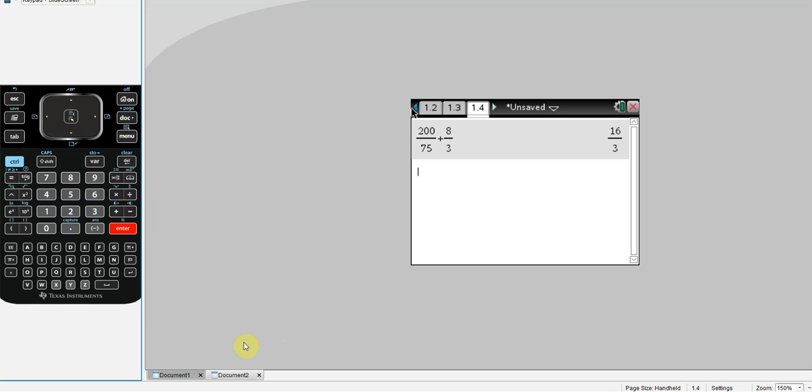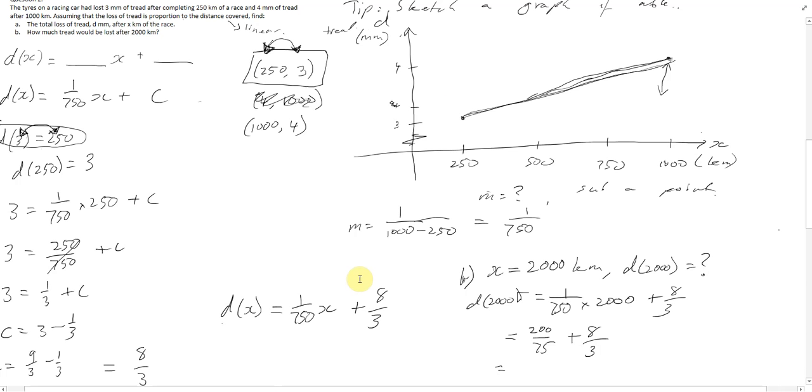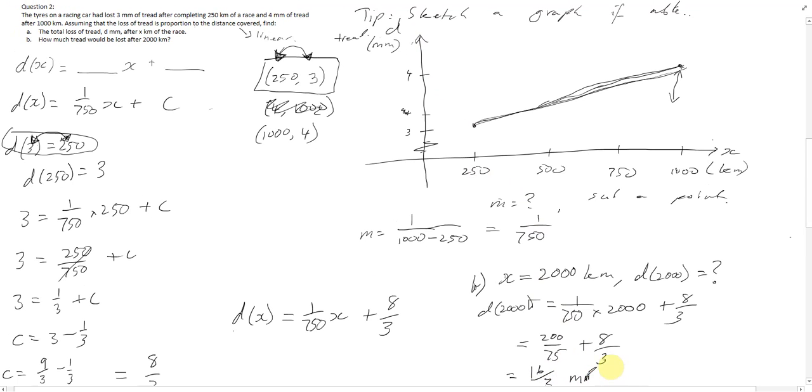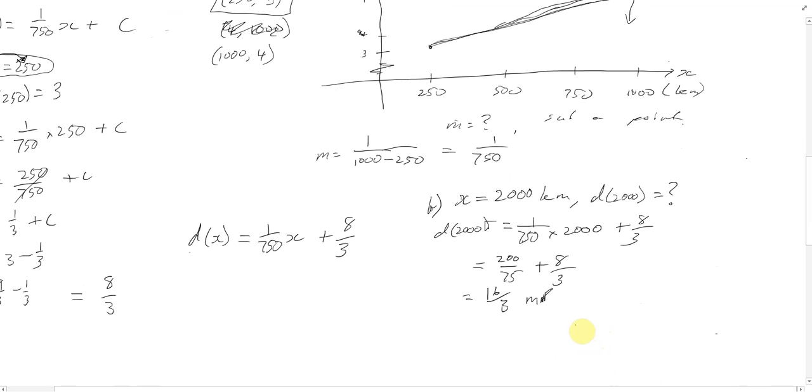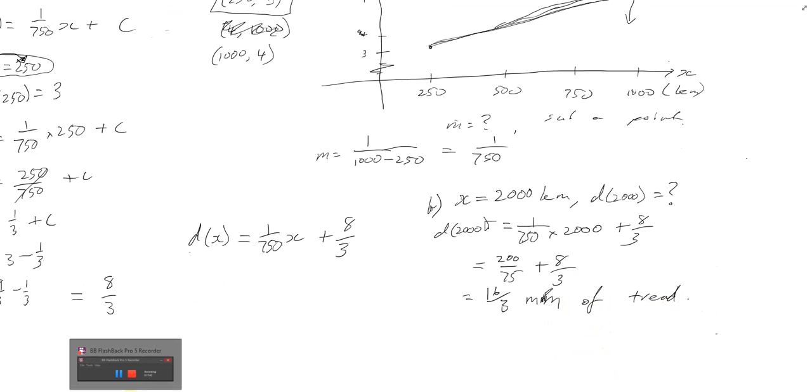We got 16 on 3. Done. And our answer is in millimetres of tread. Whoops. So there we go, there's the full answer. Hopefully you found that helpful. Get some good practice in, and I'll see you later.